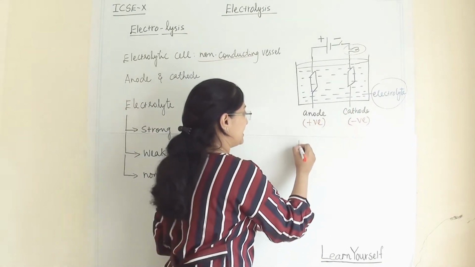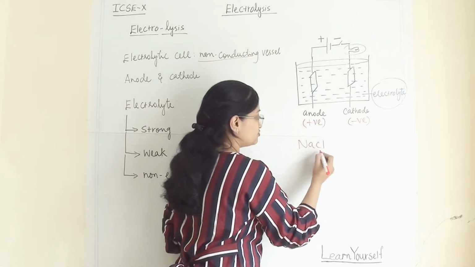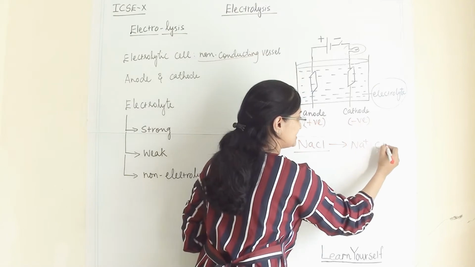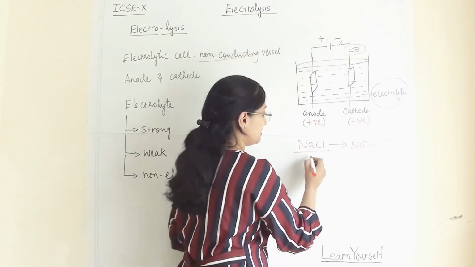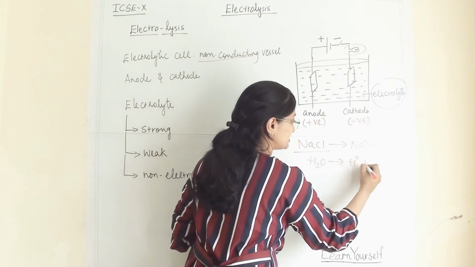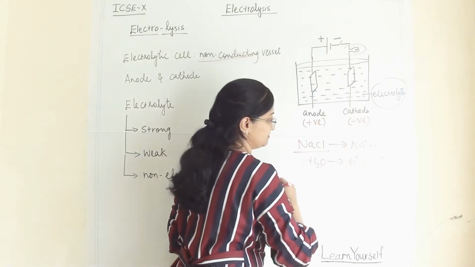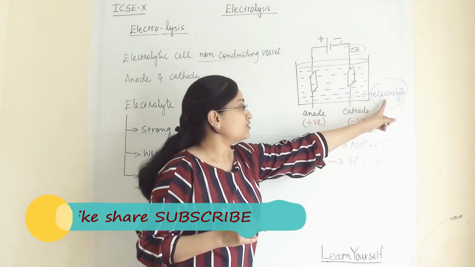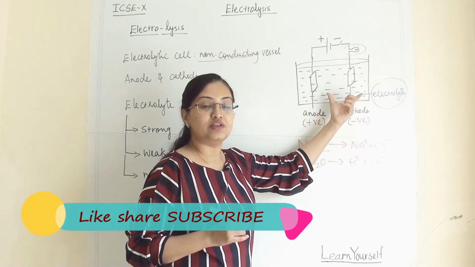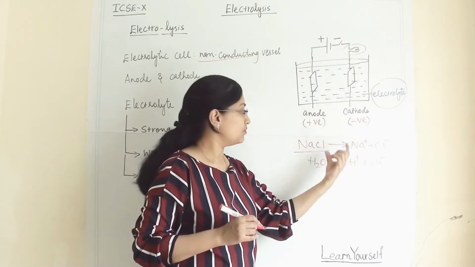For example, NaCl. After dissociation it will give us Na plus and Cl minus. H2O will give us H plus and OH minus. So the electrolyte will give us ions.